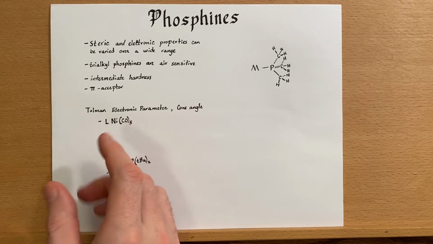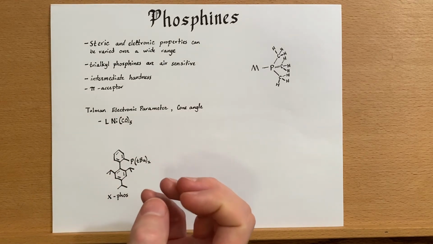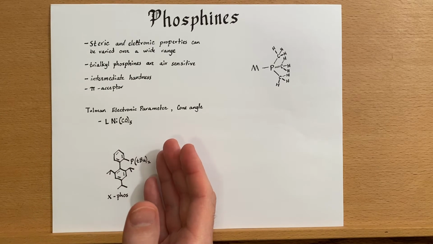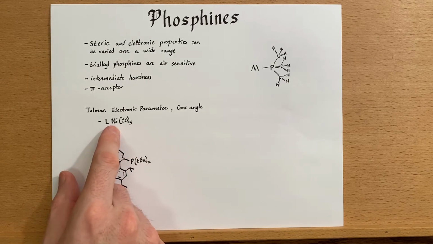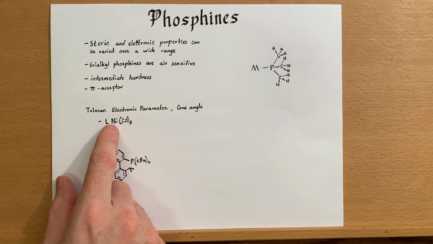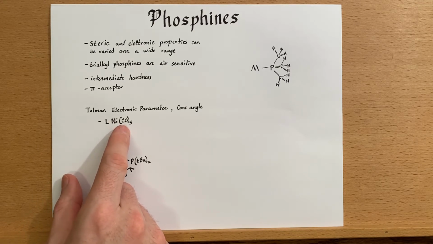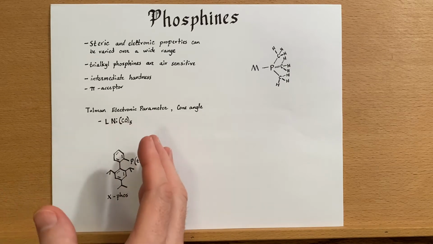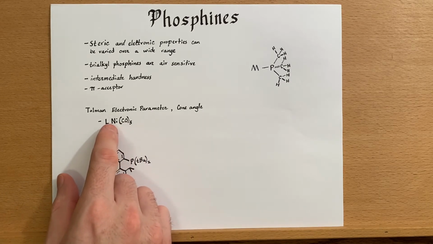Remember, that is an indication of how much back bonding is happening, and if we have larger amounts of back bonding, that means that there's more electron density at the metal, whereas if this bond is stronger, that means there's less electron density at the metal. So we can use that to probe what our phosphine is doing to the metal's electronics.